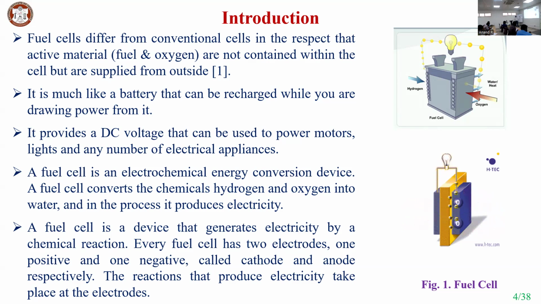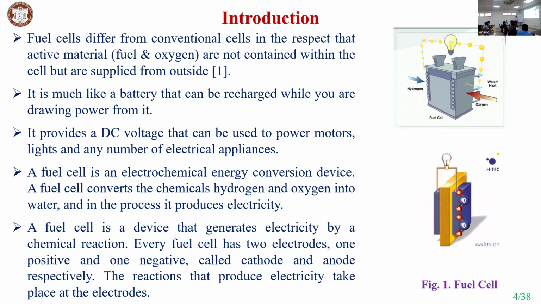The unreacted, unconverted hydrogen will be collected back for recirculation. Similarly, oxygen will also be sent back for the next cycle. So the hydrogen fuel cell is an electrochemical process in which we produce electricity, and it doesn't create any harmful emissions.